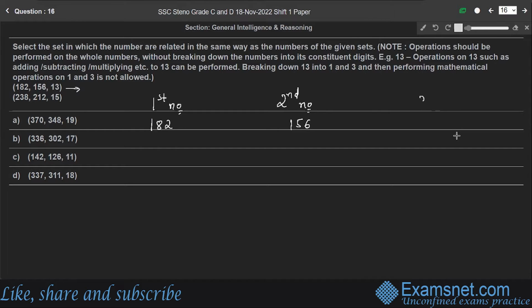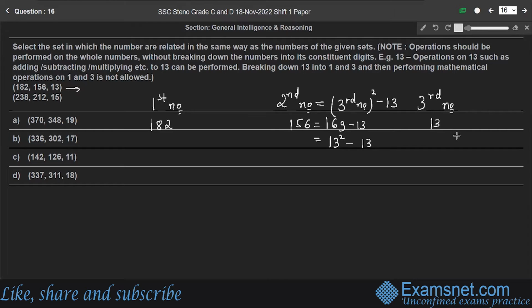156. Third number is 13. Students, for 156, the second number can be written as 169 minus 13, where 169 is the square of 13, which is the square of the third number, minus 13. Therefore, the second number is equal to the square of the third number minus 13.